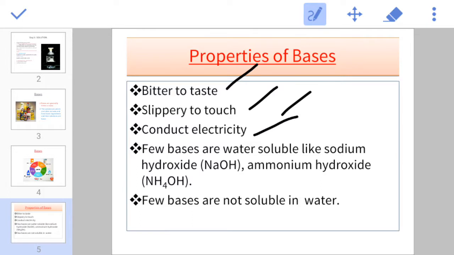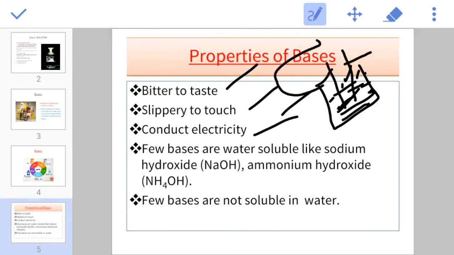They conduct electricity. Conducting electricity means when you form a solution and dip two rods with a bulb, and this bulb starts glowing, it means that they conduct electricity. This is common: just like acids, bases also conduct electricity.